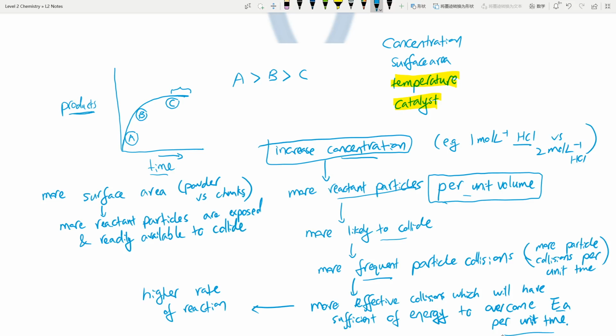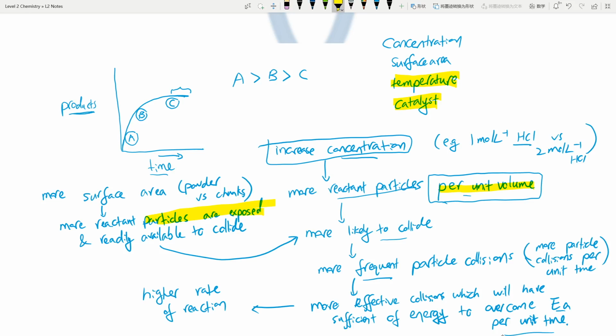So what does that mean? It's going to be more likely to collide, more frequent particle collisions, and the same thing that we just went through again. Once you get the idea, the rest is pretty straightforward. But the key words, guys: for concentration, we're looking at more reactant particles per unit volume; for surface area, more particles exposed. When I mark school exams, I see answers where people get really confused and think that chunks have high surface area.